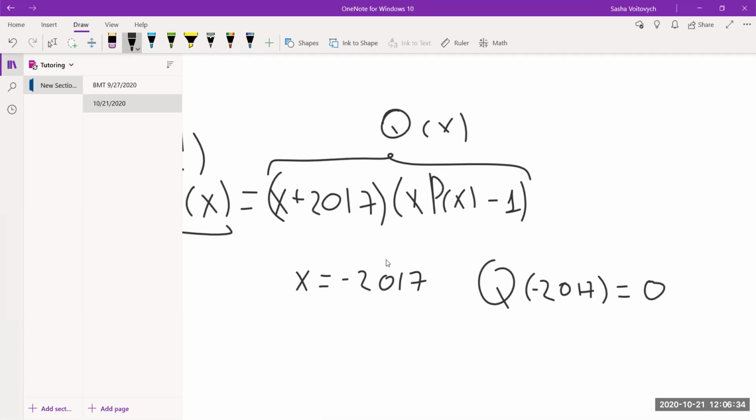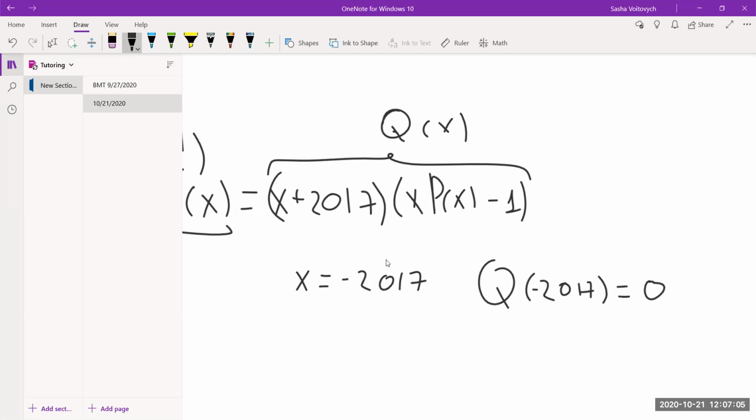In this problem, I would say it is a reasonable strategy to just try plugging in some values of x, and see if we can say anything about the polynomial on the right-hand side. After we plug in x equals 0, we know the exact value of qx at this point. For x equals 0, the value of qx will be minus 2017.